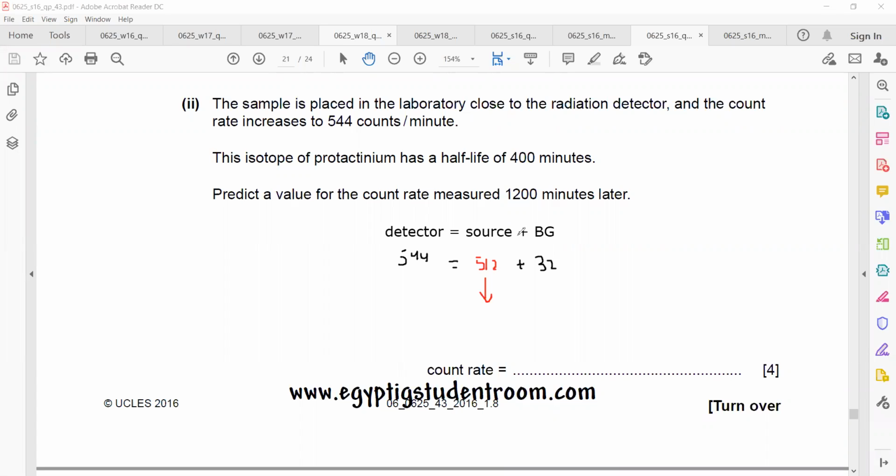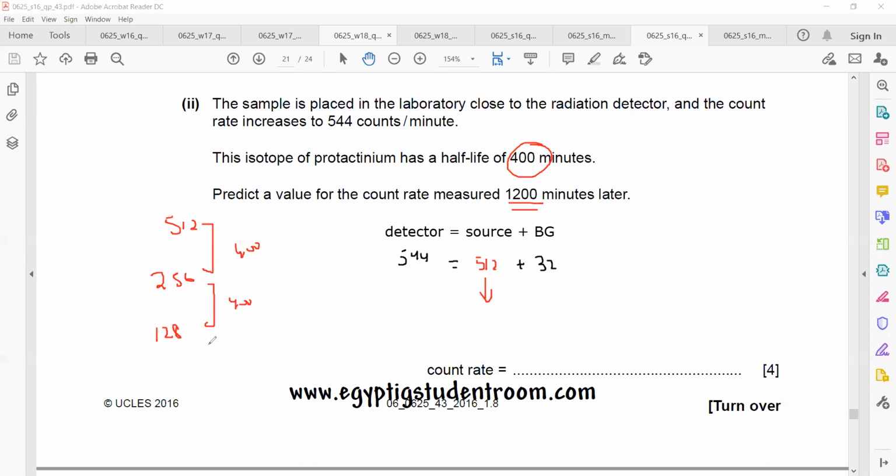The half-life is 400 minutes, and we want the reading after 1200 minutes. So basically the source radiation, 512, will become half after 400 minutes: 256. After a further 400 minutes, 256 divided by 2 is 128.